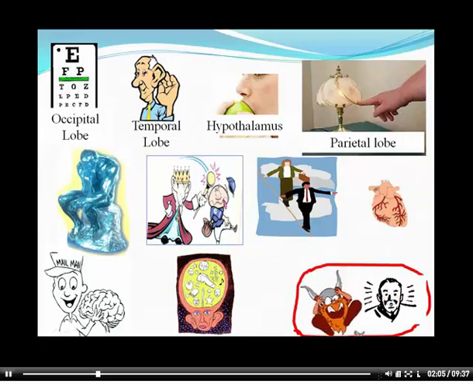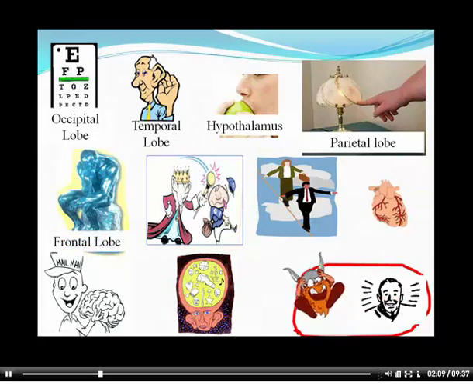Here you have a person thinking. So this is the thinker. This is the frontal lobe. Our frontal lobe is our primary motor cortex, so it controls a lot of motor movement. But it's also the place that we think is the executive of the brain, or the part of the brain that controls everything else, and that's where we do a lot of our thinking.